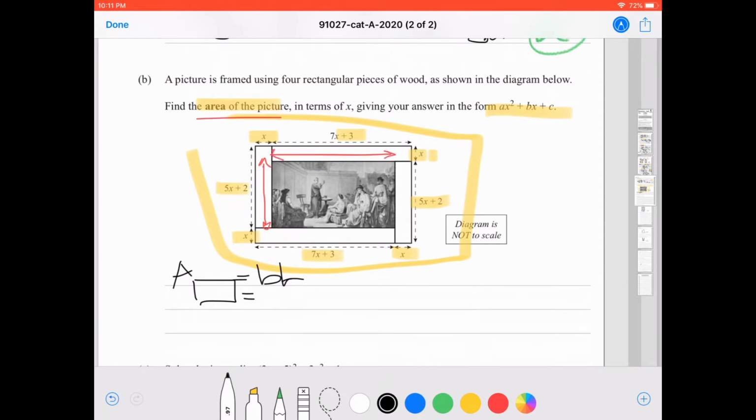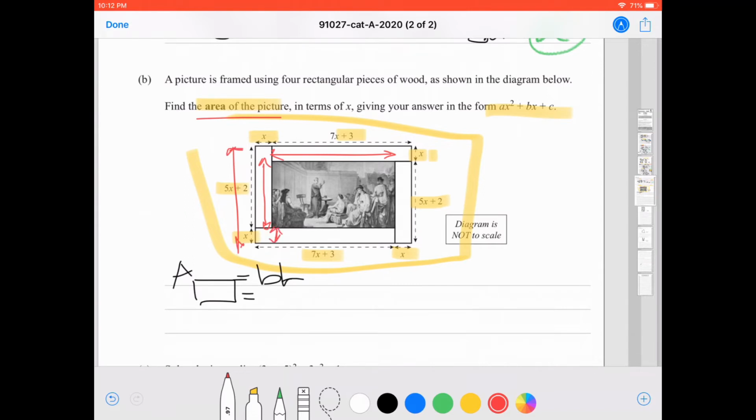Our base, well, that looks like 5x plus 2 minus x. Essentially it's this whole length minus this x in here.